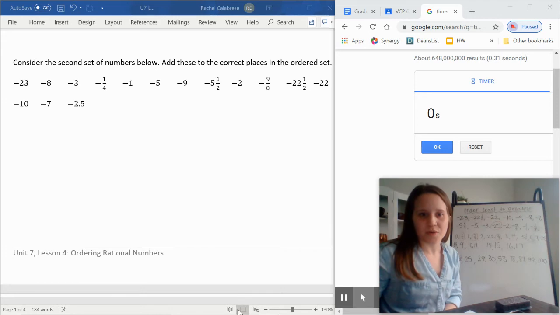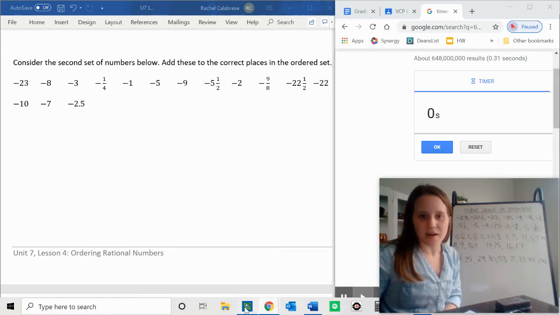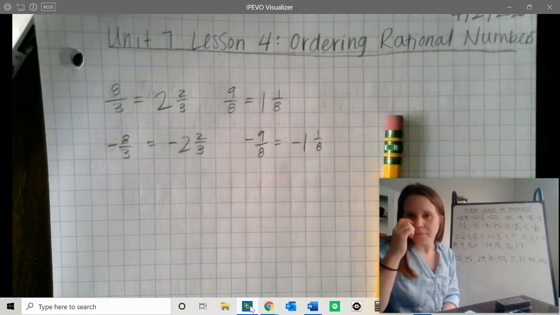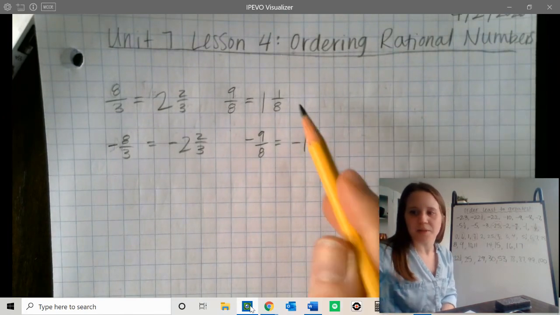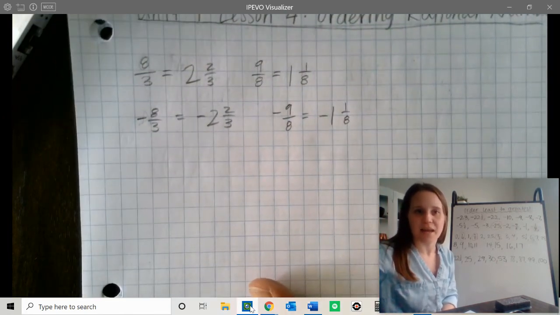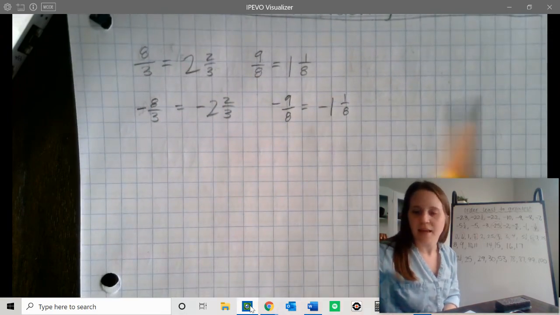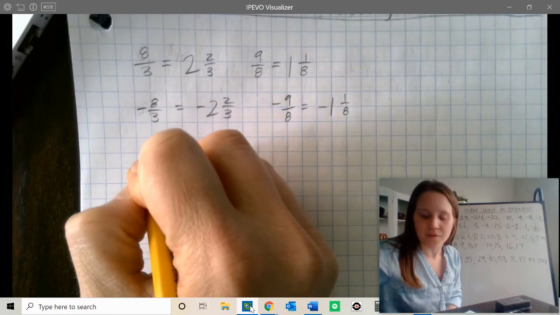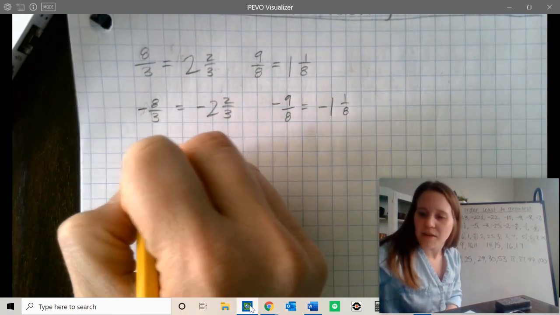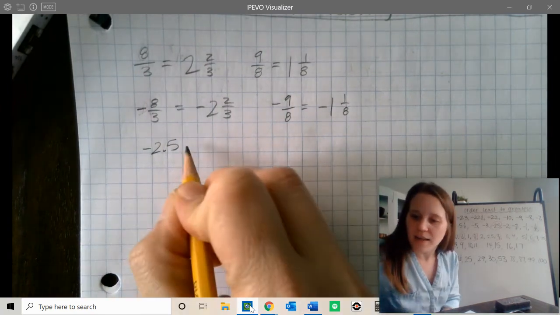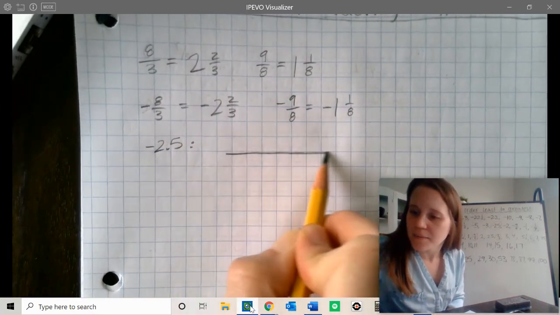I just want to show you the reasoning and get some thinking recorded on our paper. So go ahead and grab your pencil. Team, you don't need to copy this part down. That's just some thinking I had to do on my own to convert those improper fractions into mixed numbers. Okay, but I do want to show you negative 2.5. Let's go ahead and draw a quick number line.